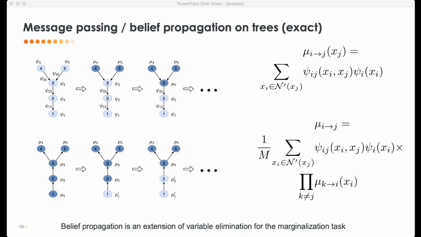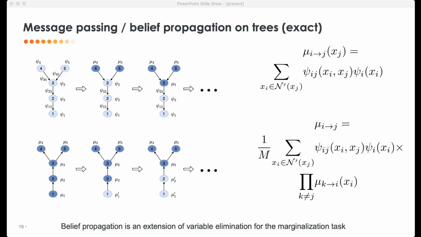The messages are then normalized by their L1 norm to ensure they have a meaning of probability and to ensure convergence. The forward-backward algorithm is exact on trees. After these two steps, messages are exactly marginals of their variables.